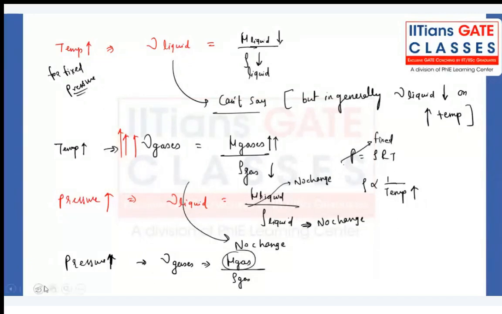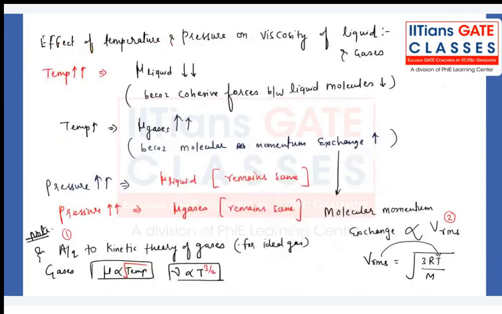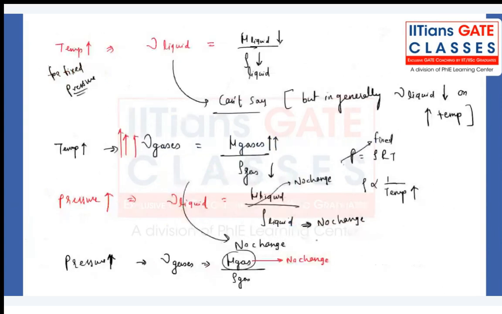For a fixed temperature, when I just increase the pressure value, is my dynamic viscosity increasing or decreasing? Tell me, guys. This is to be no change. Once again, as we have discussed earlier, the dynamic viscosity of the gases will remain the same, right? So here also it will be no change.